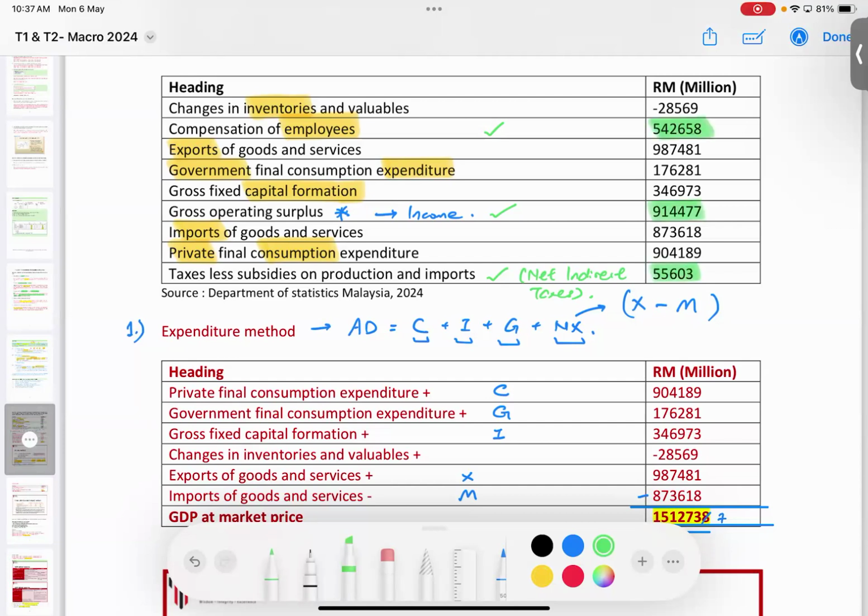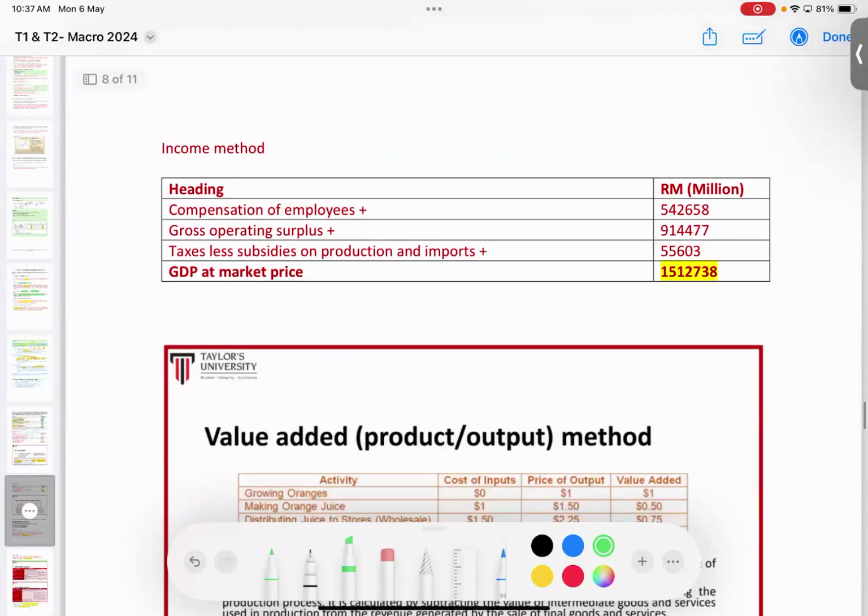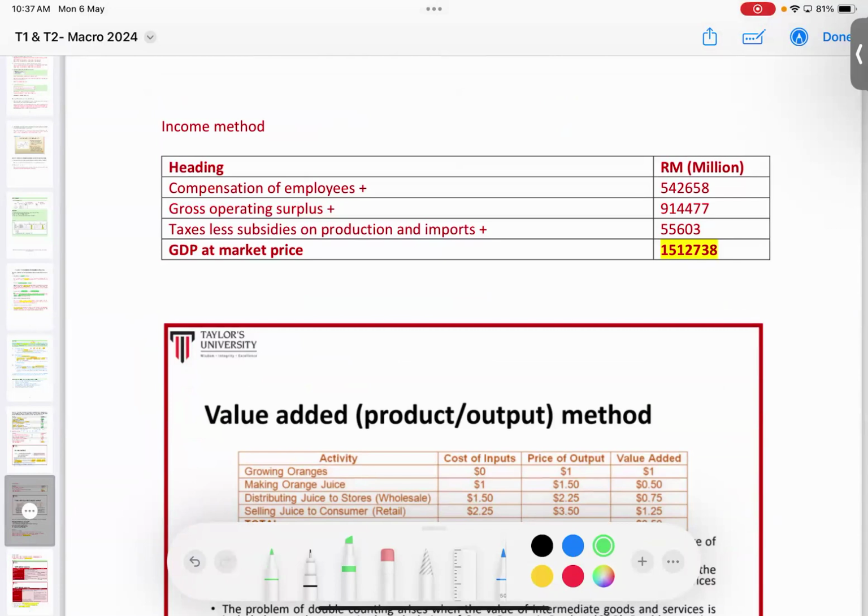You use the three figures that we have found and add them up, and you will get the same figure as well.